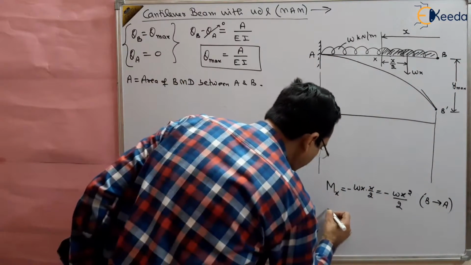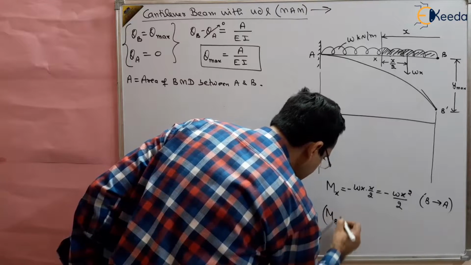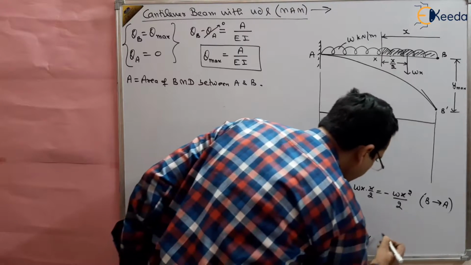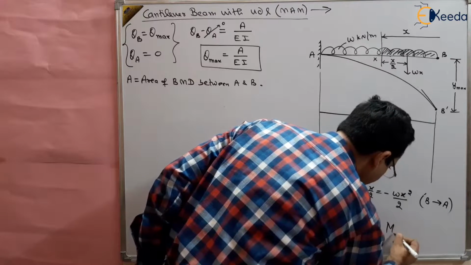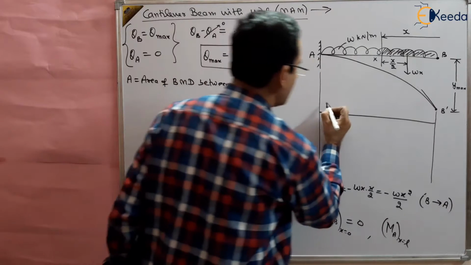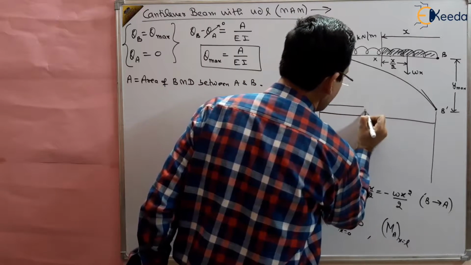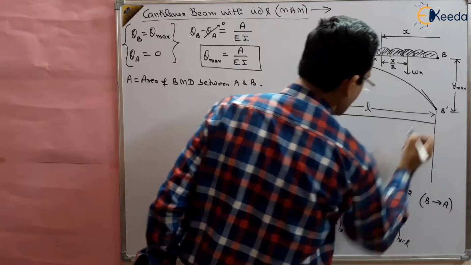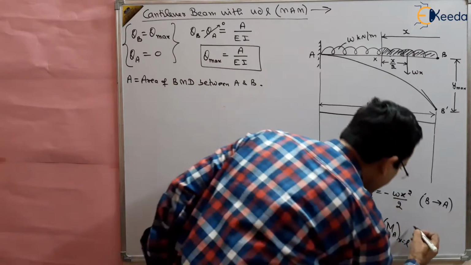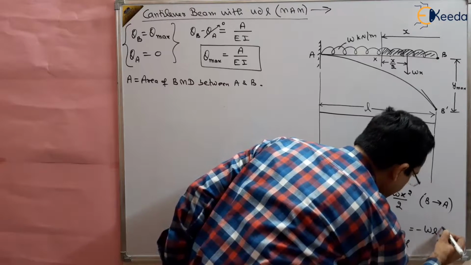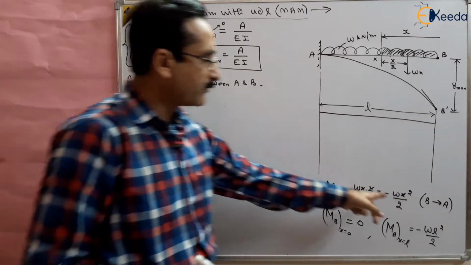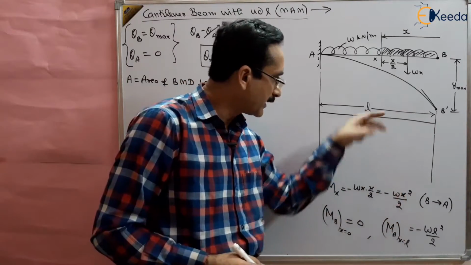So at point B, where x is 0, the bending moment will be 0, and at point A, where x equals L, because the length of this beam is L, the bending moment will be minus WL square by 2. It is a parabolic curve in the negative direction.